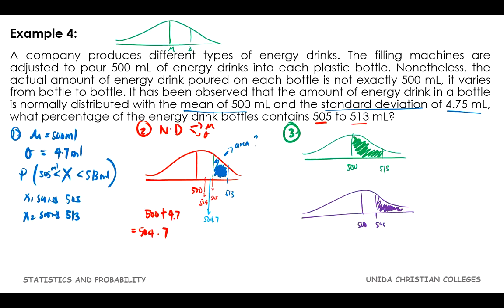So ngayon, kung mapapansin nyo, itong part na to, papatungan ko, class, itong yellow na to, ito yun, dun sa 513. Okay? So, ang kailangan lang natin, itong part na to, which is ito, yung intersection nila. Nakukuha?